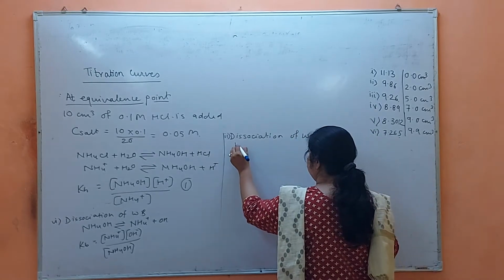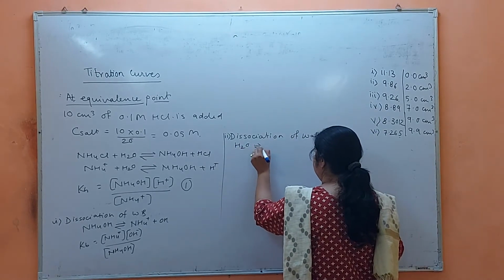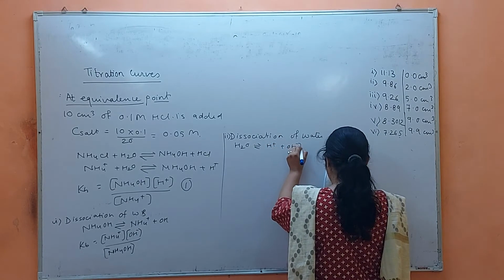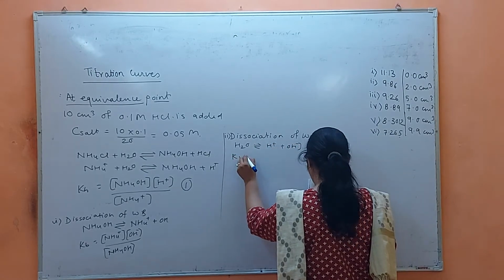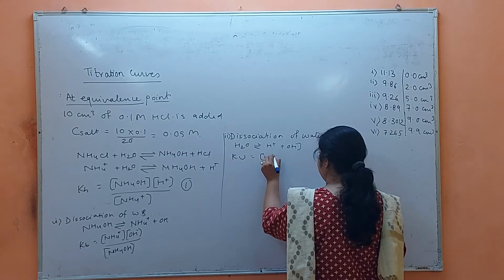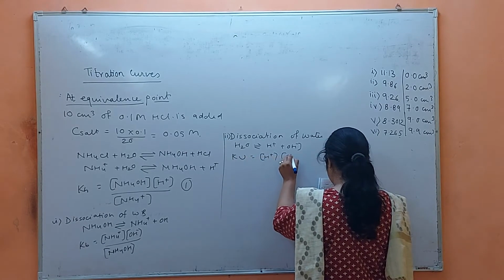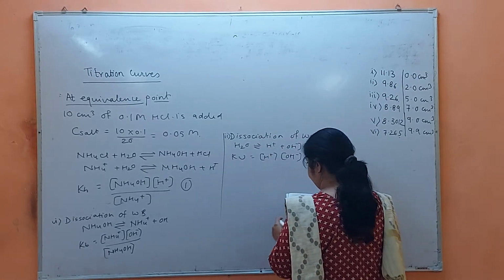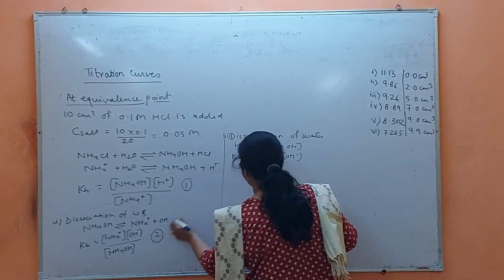Water dissociates to give you H plus and OH minus, so Kw will be equal to H plus into OH minus. Say this is 2 and this is 3.